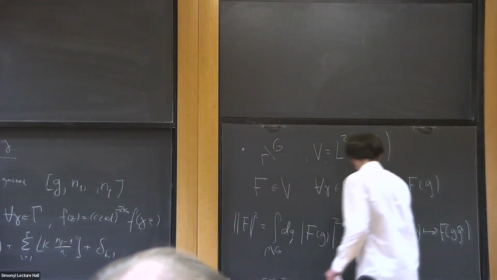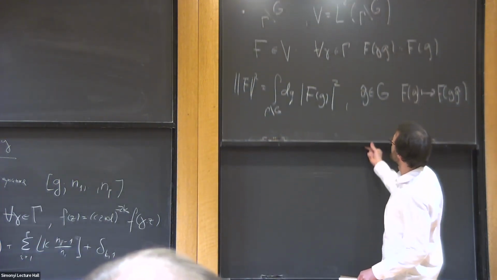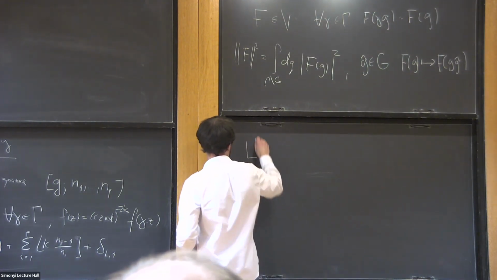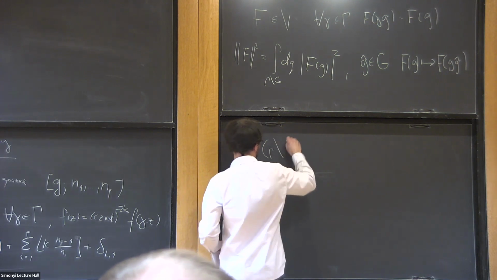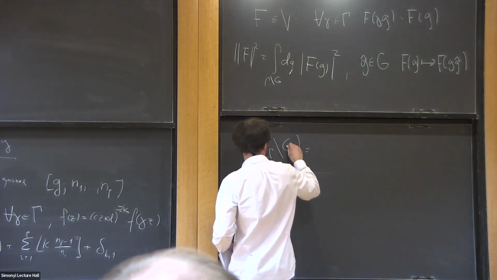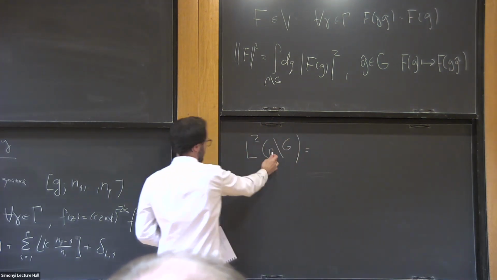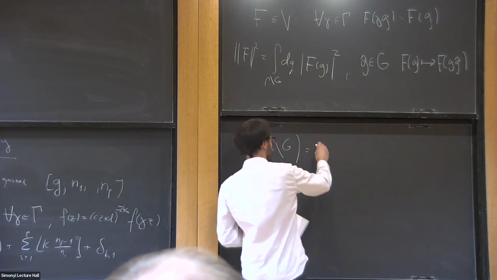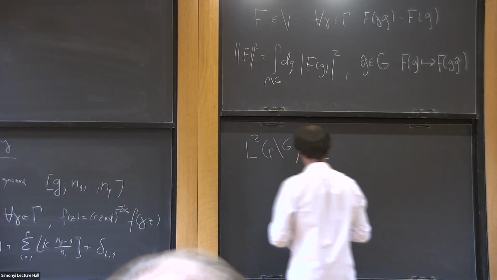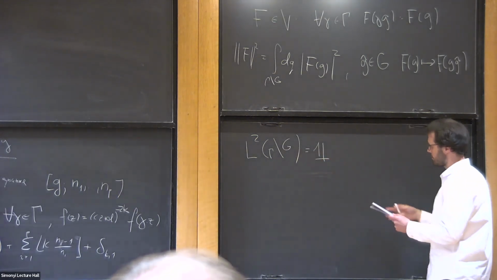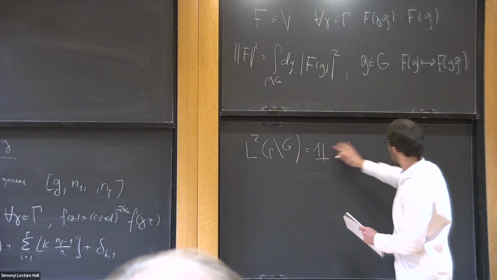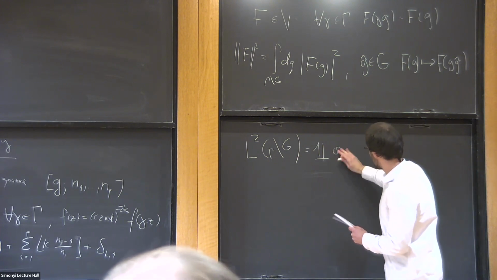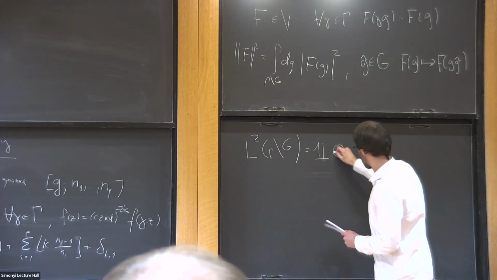Of course, what we want to do now is to decompose this into irreducibles. So L2 of G mod gamma, when gamma is cocompact, this thing is also compact, and there's a discrete decomposition. There's no Eisenstein series. Here is the decomposition. There's a trivial representation which appears once.